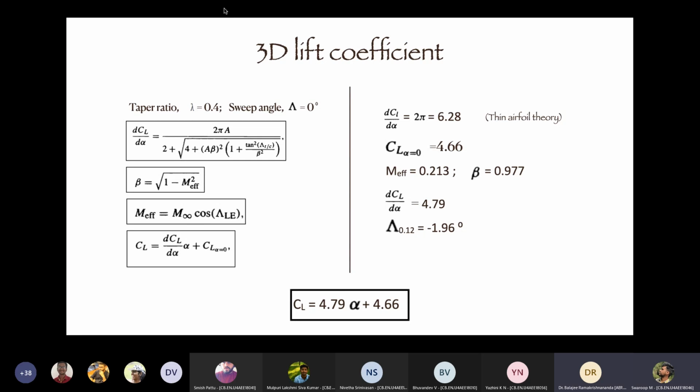Taper ratio is not related to airfoil, it's related to the wing, no? What is taper ratio? Sir, CT by CR. What is CT, what is CR? Sir, tip and root chords. Okay. So that ratio, how did you get 0.4? On what basis did you choose 0.4?